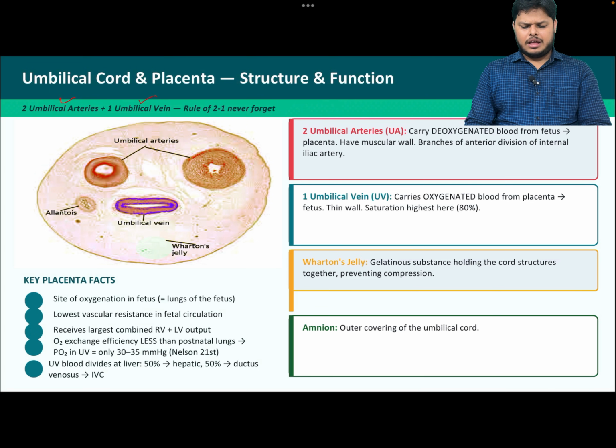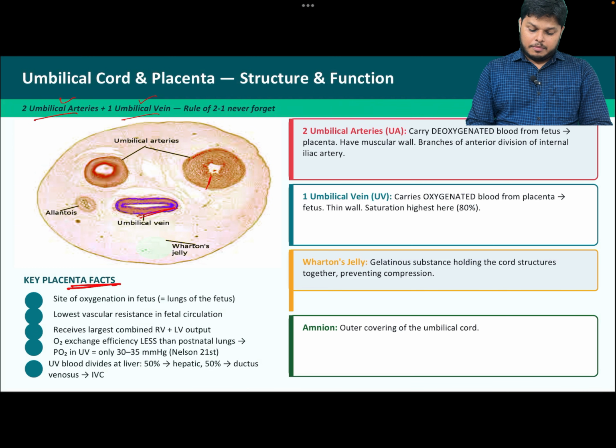I have made it in different colors for easier imprinting into your mind. Whenever you resuscitate a baby, whenever you cut the umbilical cord, we see whether there are these three structures or not: two umbilical arteries and one umbilical vein. This is the umbilical vein, the expansile structure. The umbilical artery is thick walled, non-expansile.